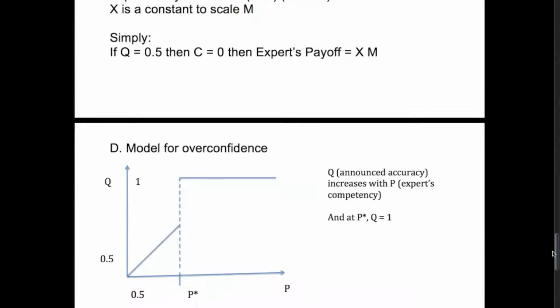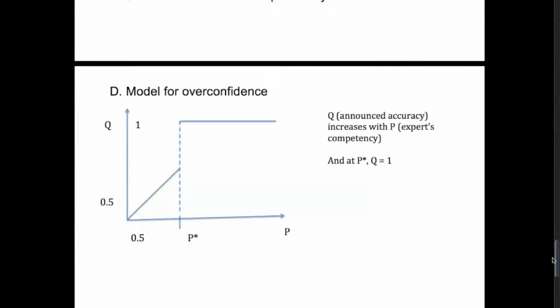Over here we make a graph in which on the x-axis we have P, the expert's competency, and on the y-axis M, the market expectation of the expert's competency. Both start at 0.5, because that's the range of probability values we defined.